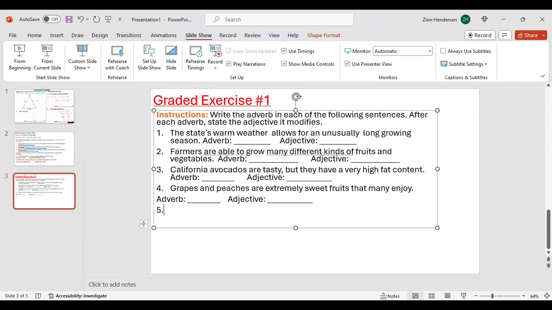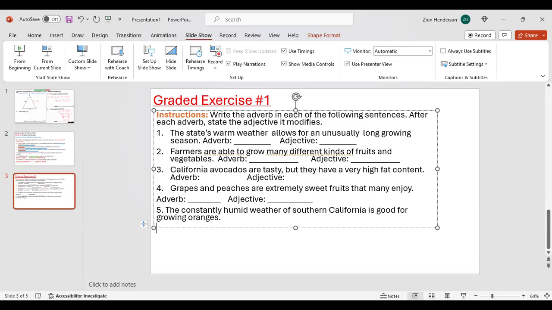And number 5, constantly humid weather of the Southern California is good for growing oranges.